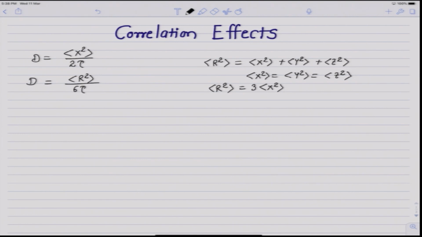We also derived the expression for mean square displacement, that is average of r square, which we can write as n lambda square times 1 plus 2 over n double summation of average of cos theta ij, and the first summation i goes from 1 to n minus 1, and second summation j goes over i plus 1 to n.